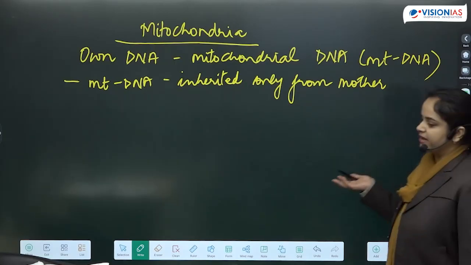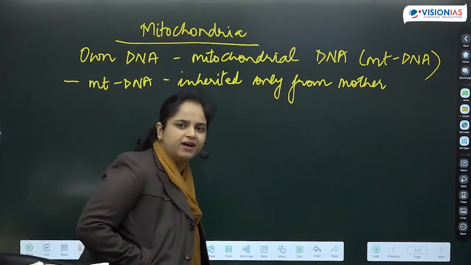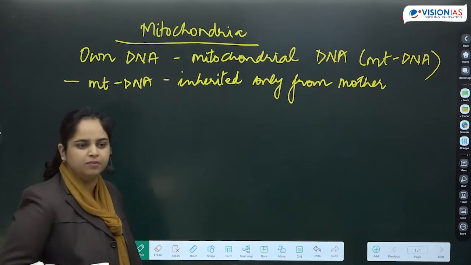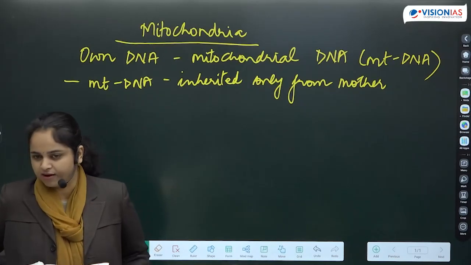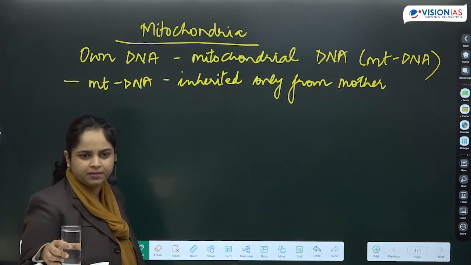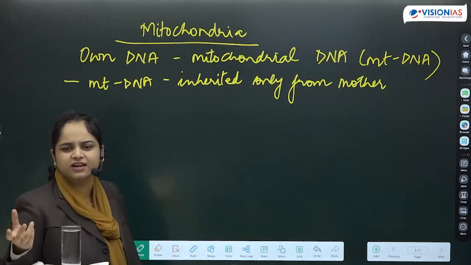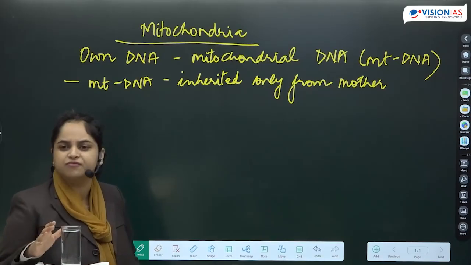If we compare the size of this mitochondrial DNA, what we find is this is a very, very small piece. Like if you have overall say 20,000 genes you have, so mitochondria पे सिर्फ 37 genes. So in comparison, it is very small. You can say it is insignificant. So it will not have any major influence.